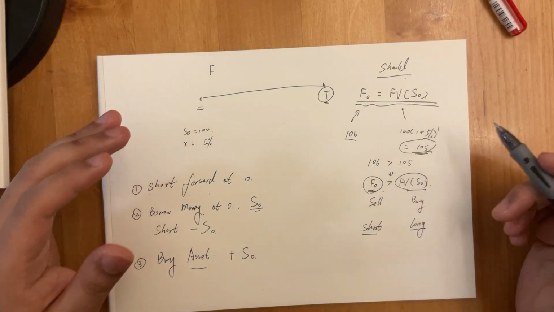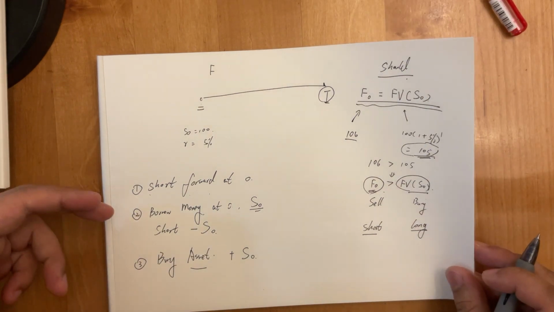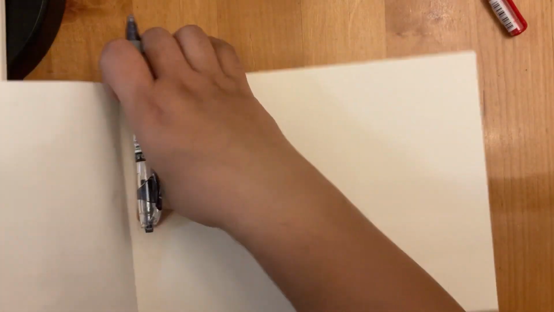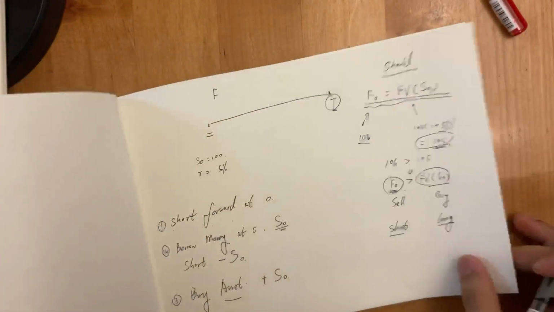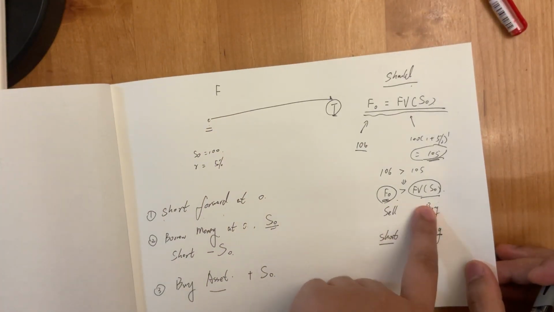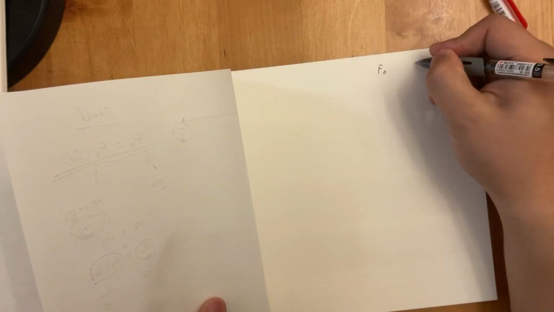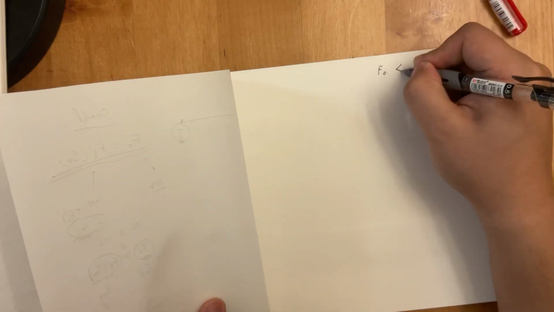Okay, so what if a scenario is completely flipped? So let's do this. What if there's a scenario where F0, previously we discussed F0 that's bigger than future value of S0, is less than the future value of S0?